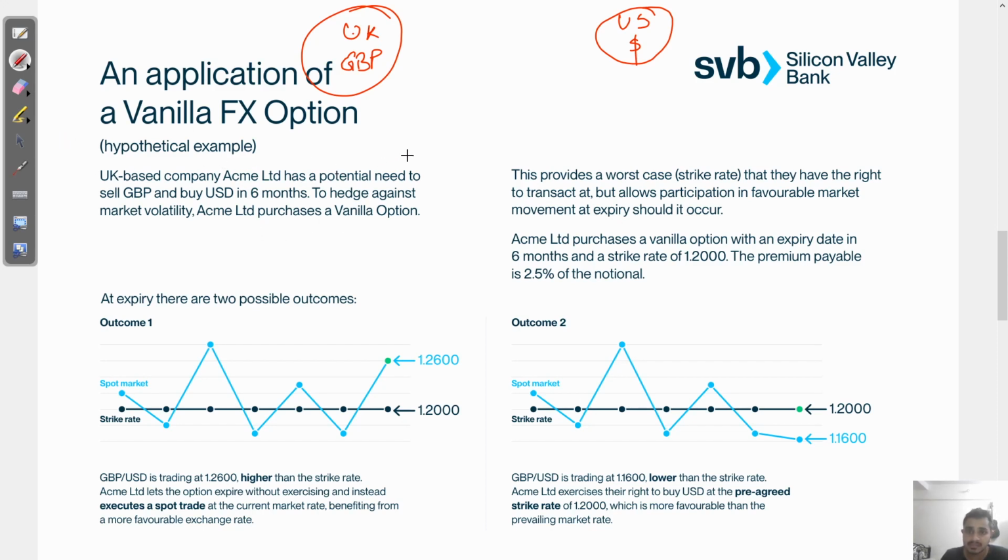This company has a potential need to sell. It needs to hedge because it needs to pay a company in the US in USD in 6 months. So 6 months from now, the UK-based company needs to pay the US company in dollars.